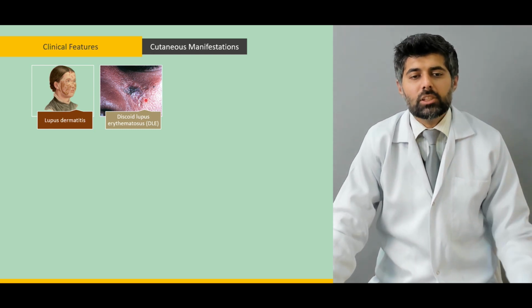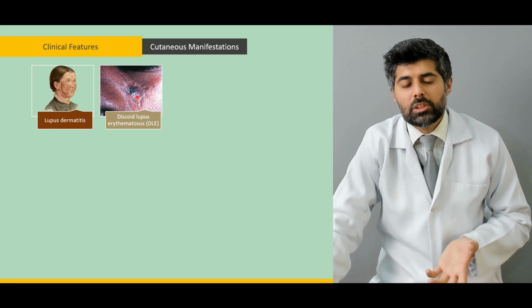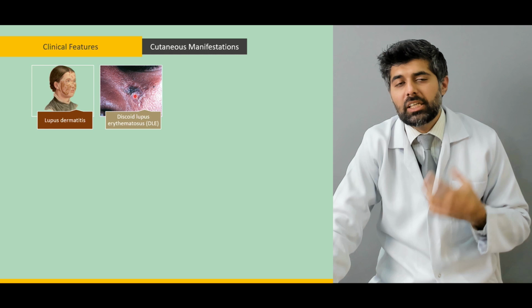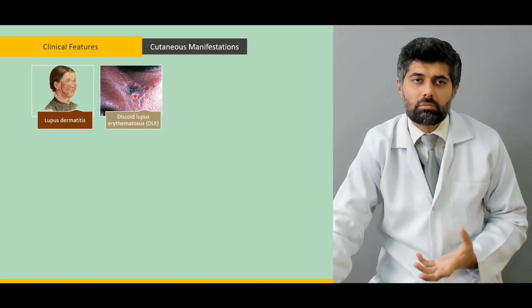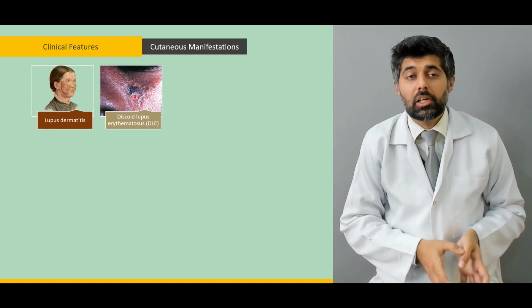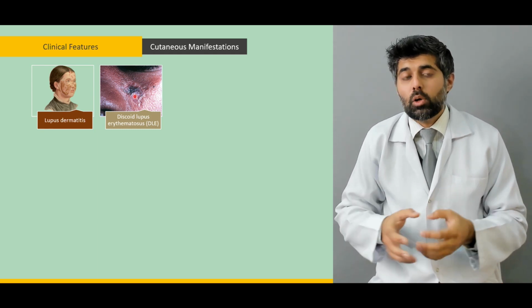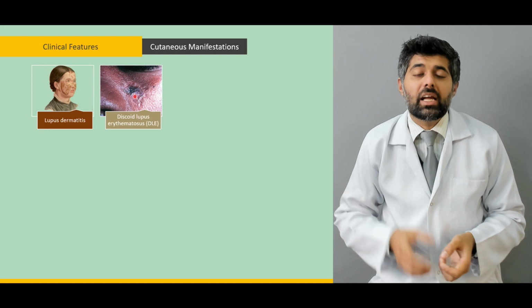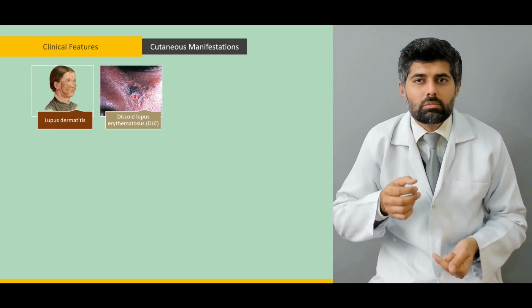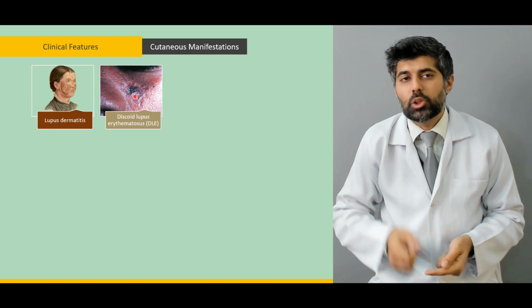Now, this discoid lupus is very common and usually results in disfigurement of patients. So, if it is detected early, the treatment of the patient must be started as early as possible, with much thought given to the treatment.